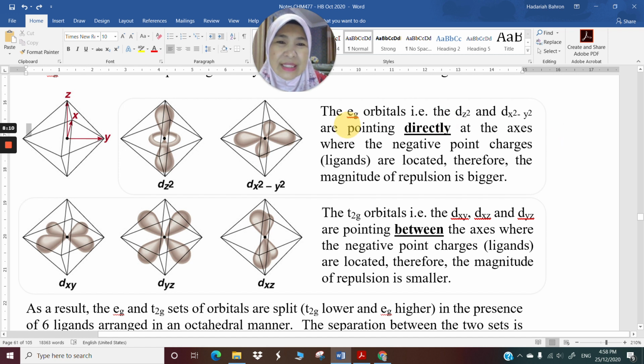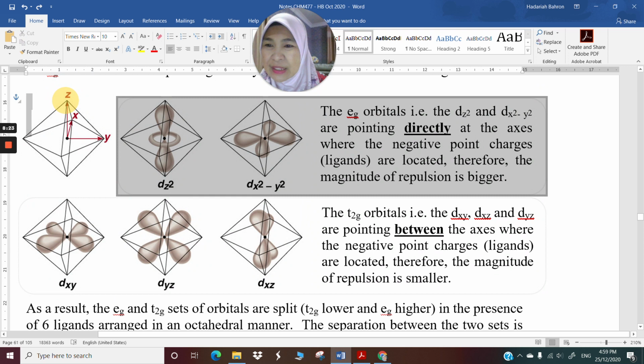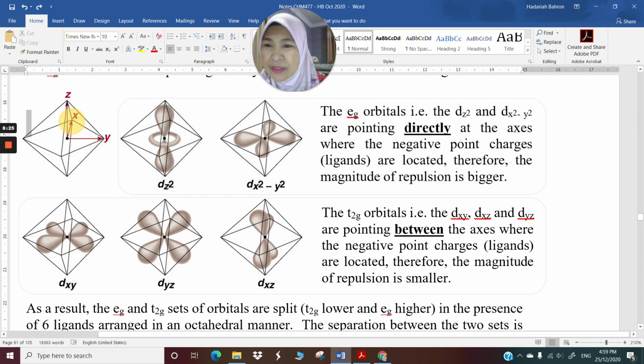Now, the EG orbitals are pointing directly at the axis where the negative point charges or the ligands are located. Remember, the ligands of octahedral will be seated here, here, here, there, and there. And these ligands interact directly with the lobes of your dz squared and dx squared minus y squared.